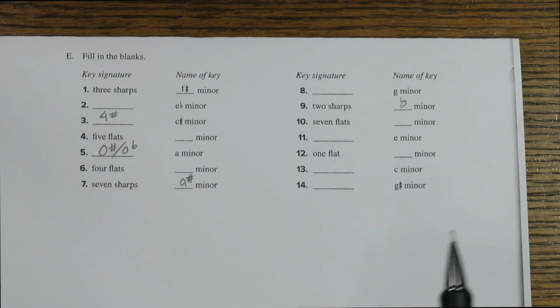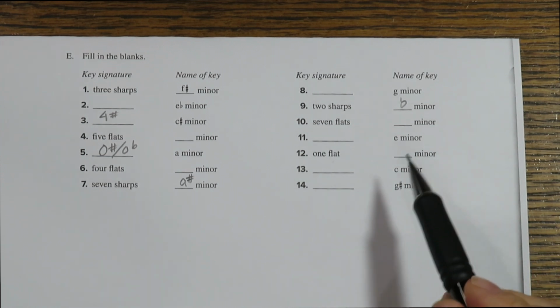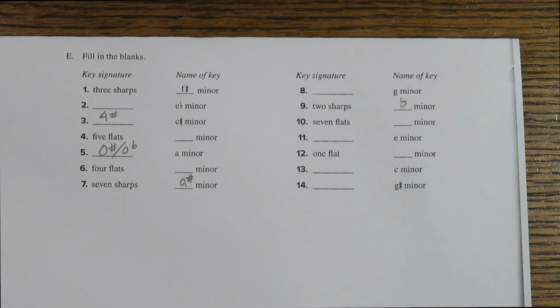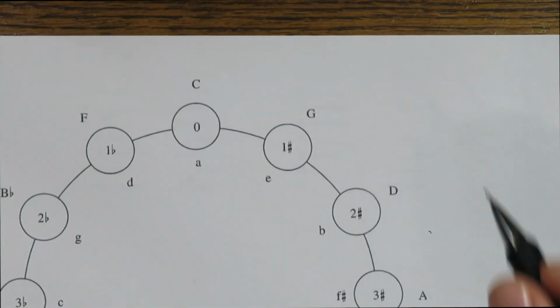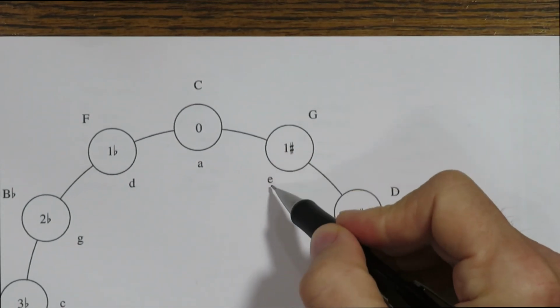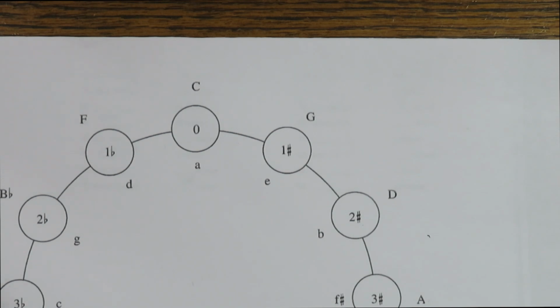Let's see. So if we go up a minor third from E, F sharp, G, we would land on the G, and that would be the relative major, which has 1 sharp, E minor, G major.